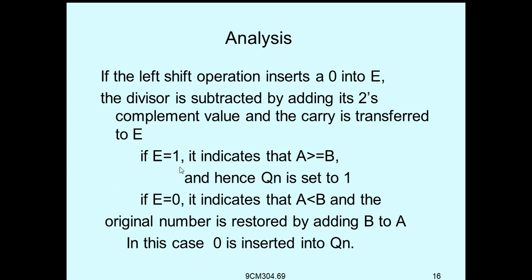And if E equal to 1, it indicates that A is greater than or equal to B, and hence Qn is set to 1. If E equal to 0, it indicates that A is less than B, and the original number is restored by adding B to A. In this case, 0 is inserted into Qn.